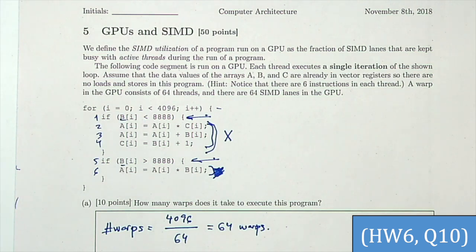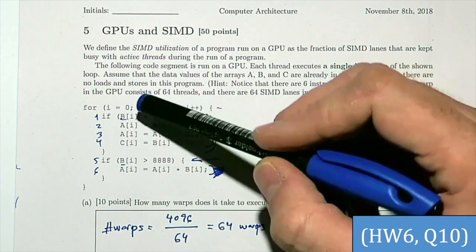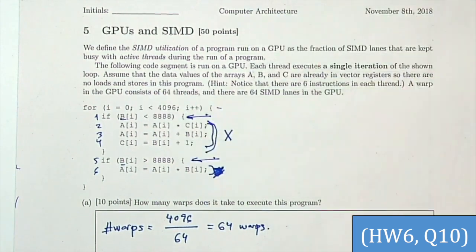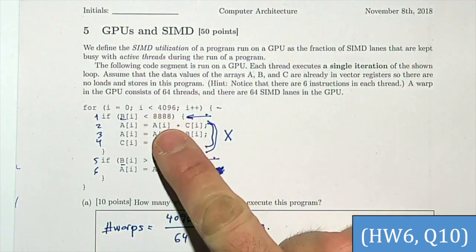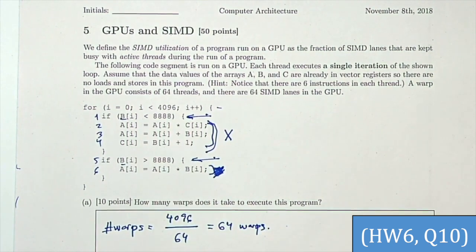And for that, there are 3 possibilities, indeed. And the 3 possibilities are that every 64 elements of B are equal to 8,888 or are greater or are lower than, right? Every 64 elements.